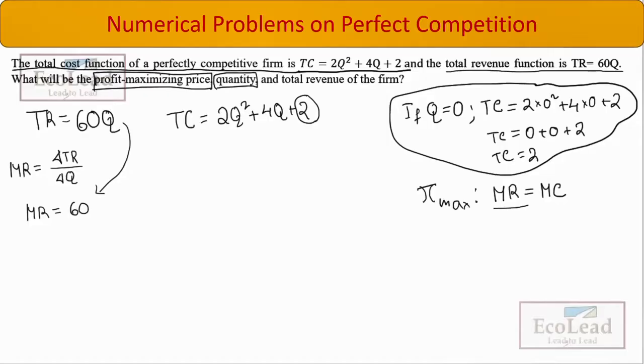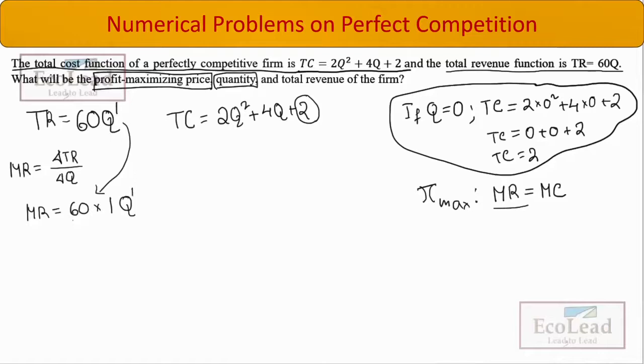Here 60 is the constant term we have written, and when we are taking the derivative and the value is Q, that means we are taking the derivative with respect to Q. So here we will write the power of Q. Power of Q is what? Nothing but 1. So we will write here 1, and then we will adjust the power of Q. How we will make this adjustment?